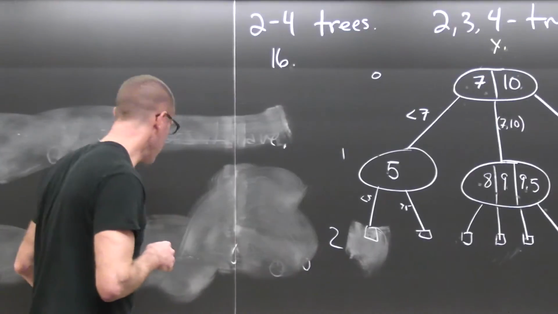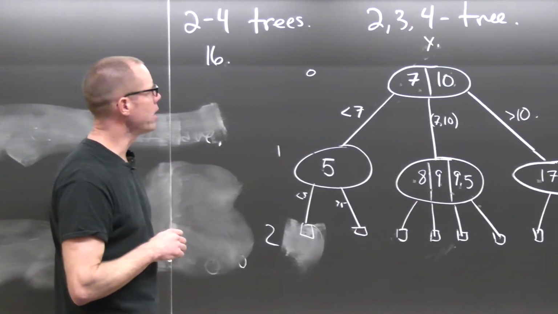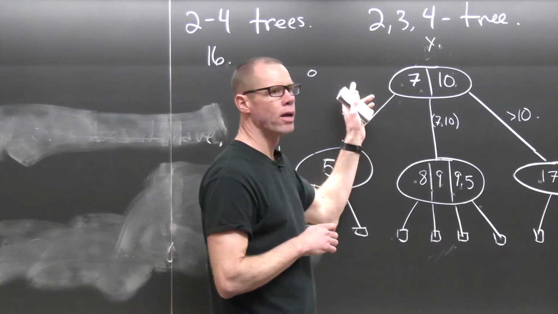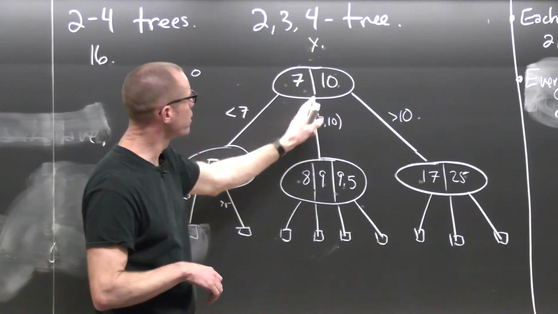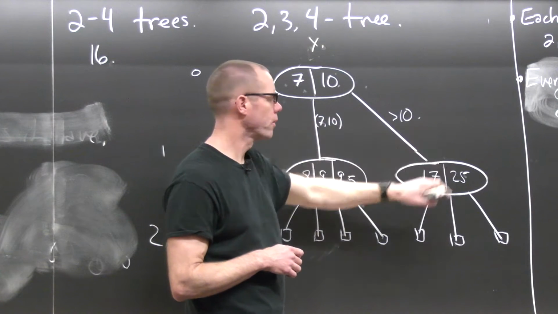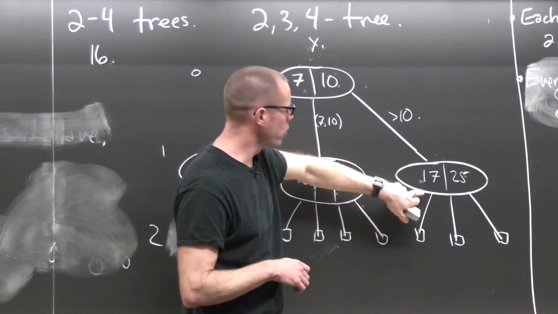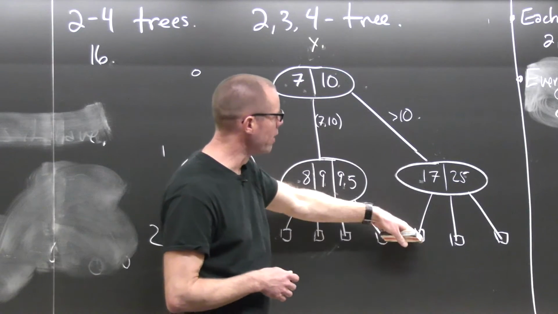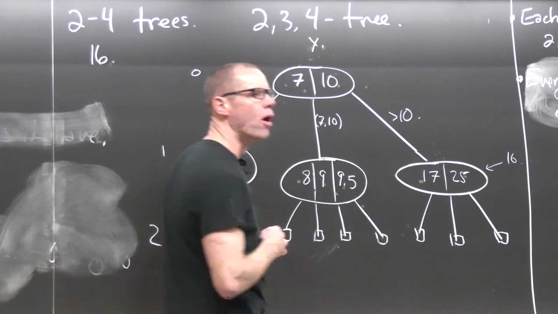So I start up here and I want to decide where 16 should go in this structure. Well, 16 is bigger than 7, so it's not going in the left here. It's not between 7 and 10. It's bigger than 10, so it's going down the right. At this node, 16 is smaller than 17, so in some sense it should go in the left subtree here. But this is the bottom level now. So actually 16 should go into this node.